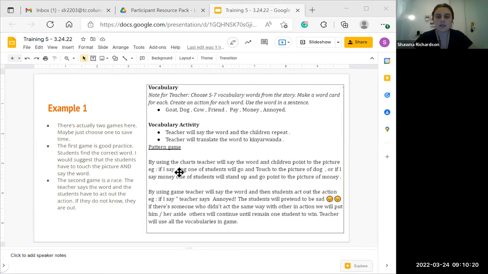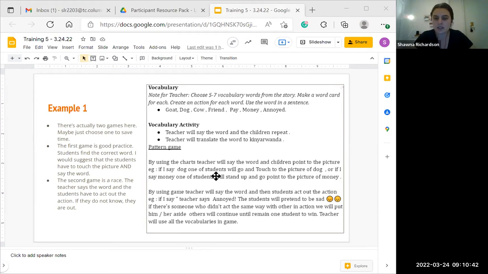Here there are actually 2 games I noticed. We would say maybe just choose one activity or one vocabulary game so that it does not take too long. But I really like this first game, it's good practice. Students find the correct word.